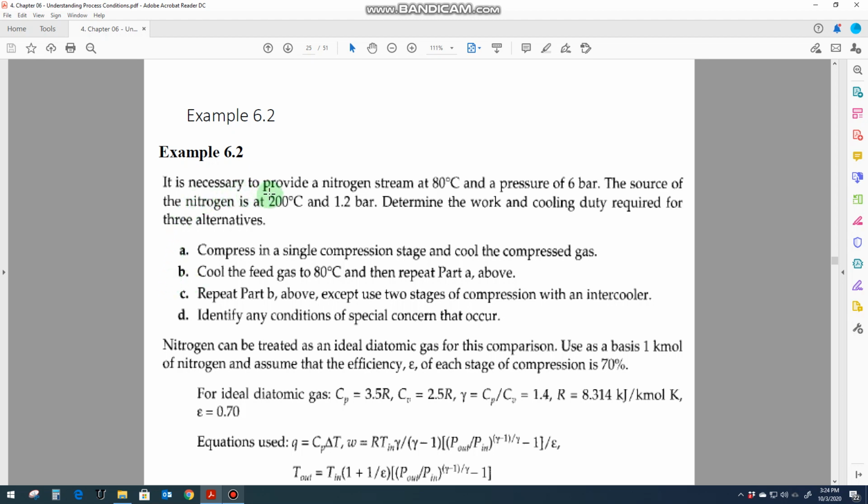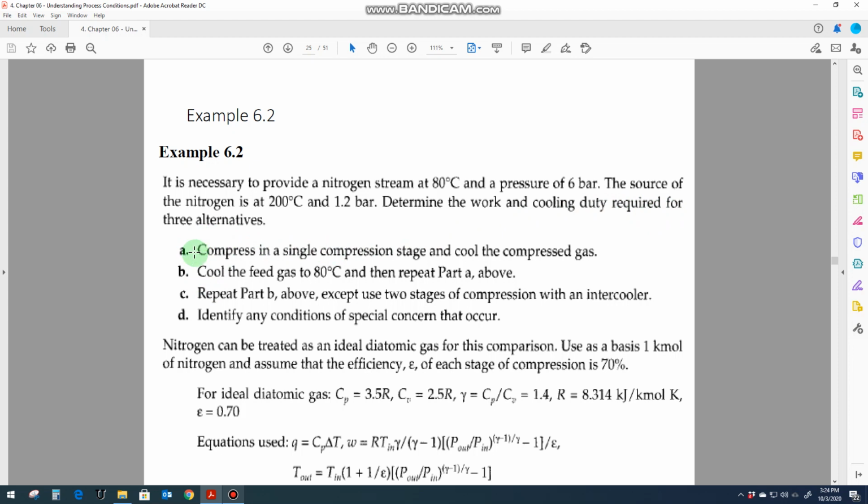The source of the nitrogen is at 200 degrees centigrade and 1.2 bar. So the final requirement is nitrogen at 6 bar pressure and a temperature of 80 degrees centigrade, whereas the inlet stream of nitrogen is at 1.2 bar and 200 degrees centigrade. Determine the work and cooling duty required for the three alternatives.